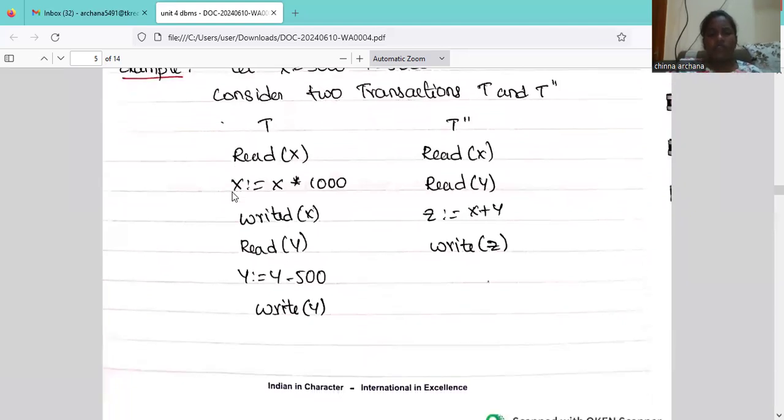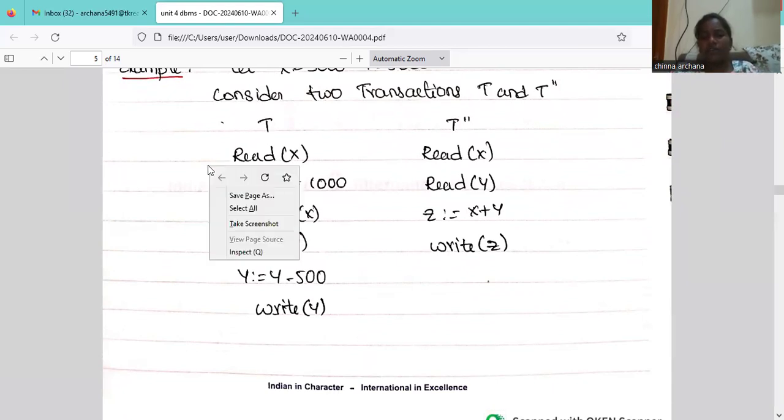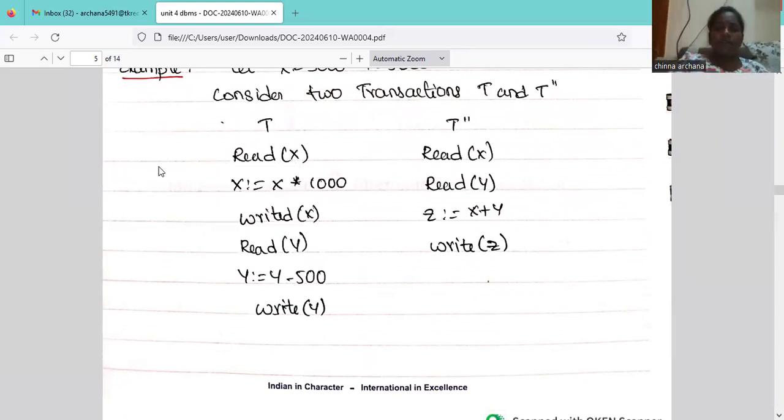See here, let us consider T and T double dash are the two transactions. Here, T is reading the value of X and increasing the value of X, next writing the value of X, again reading the value of Y, reducing 500 from the Y's account and writing the Y. In T double dash we are reading X and Y values, summing up the X value and Y value, and updating it to the Z account.